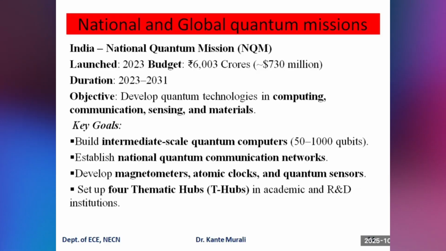The key goals are to make intermediate-scale quantum computers, communication networks, magnetometers, atomic clocks, and quantum sensors, and four T-hubs to support academic and R&D institutions and collaborate with industry to face the challenges posed by the present technology, as you are all new to these quantum technologies. This is the initiative taken by the Indian government.